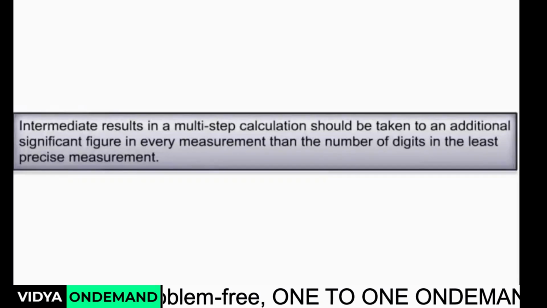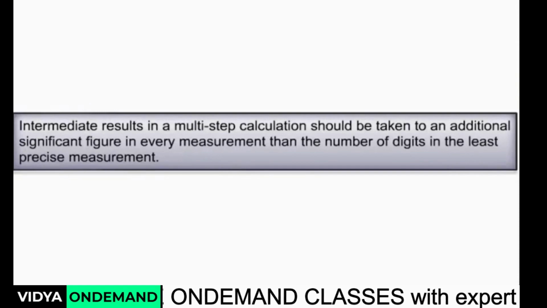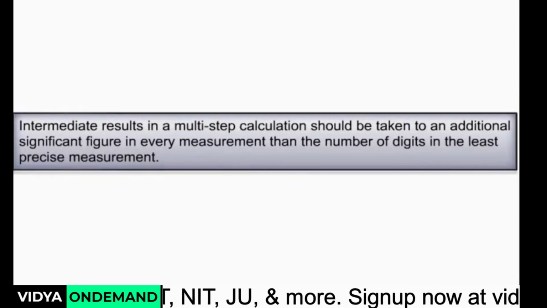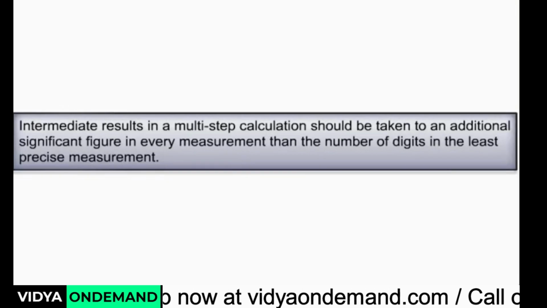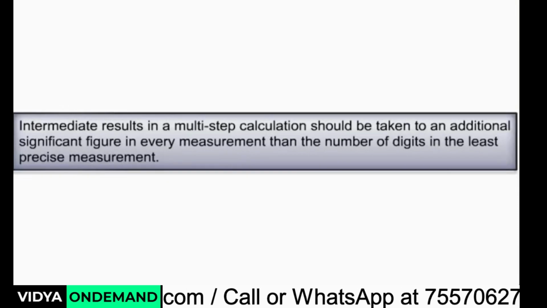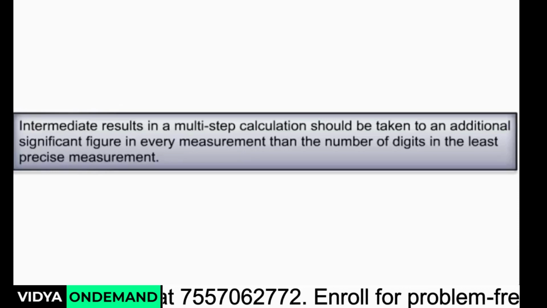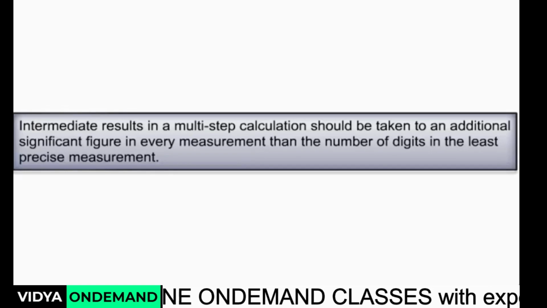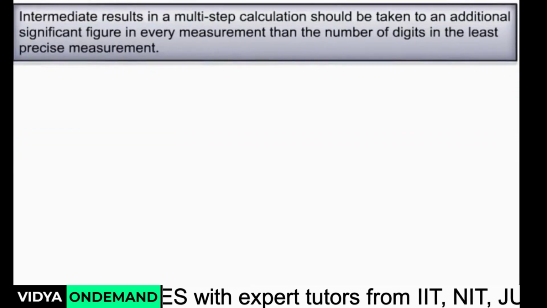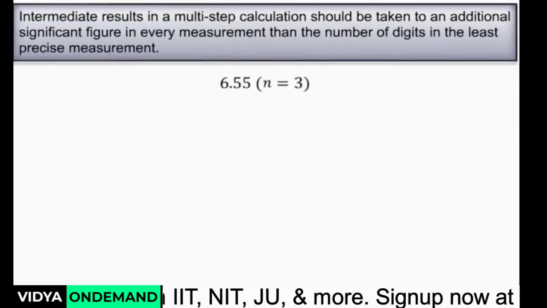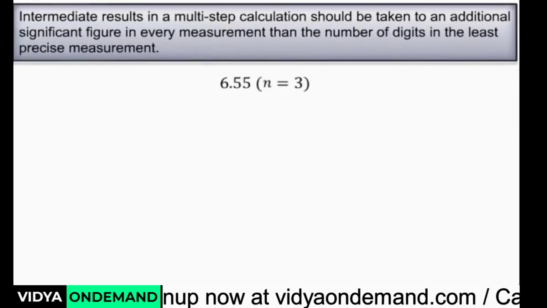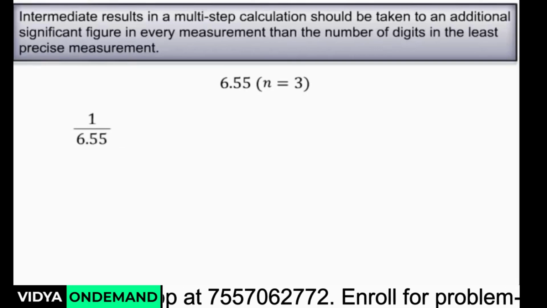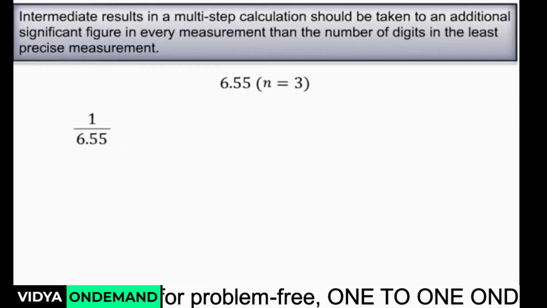Another important point to remember with significant figures is that intermediate results in a multi-step calculation should be taken to an additional significant figure in every measurement than the number of digits in the least precise measurement. Consider a number, say 6.55. The reciprocal of 6.55 taken to the same number of significant digits, that is 3, is 0.152.